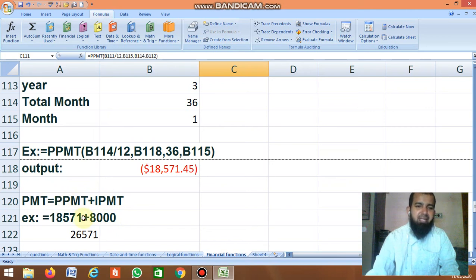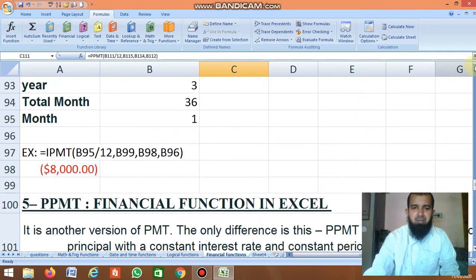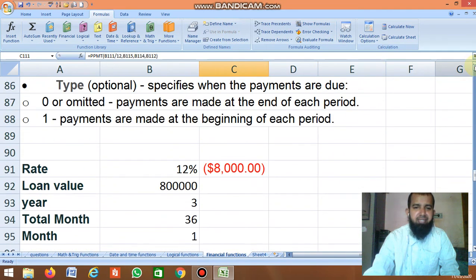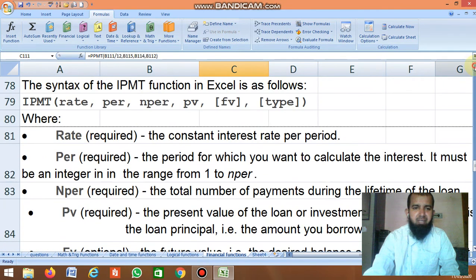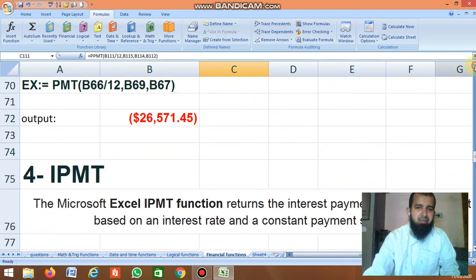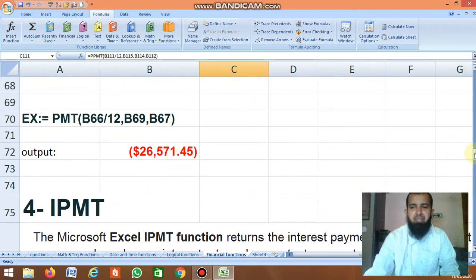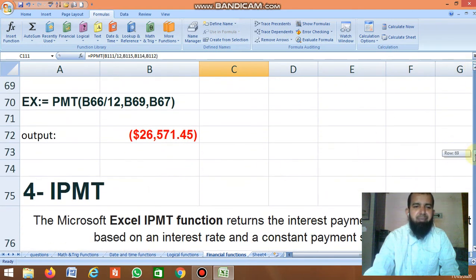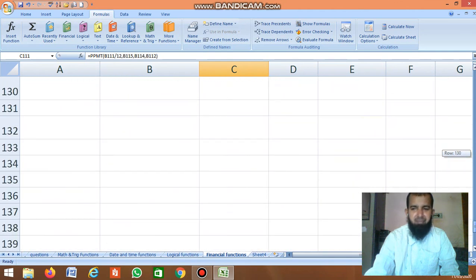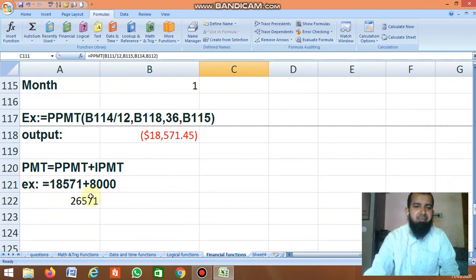Clear, no? PMT you got 26,571. You can check. This is 8,000 interest, IPMT. Then this is 26,571. If you add IPMT and PPMT, you get the PMT value. Clear, no? Okay. Thank you.